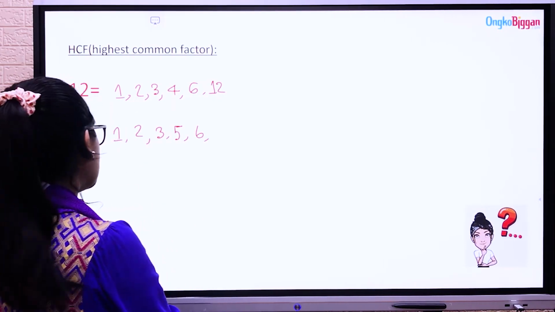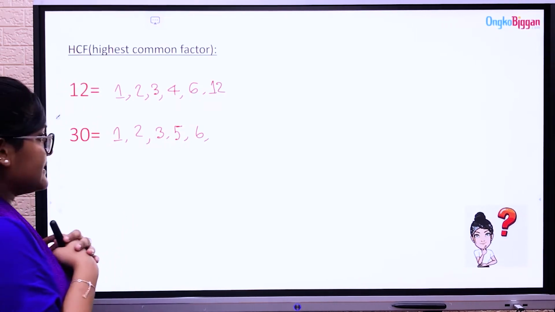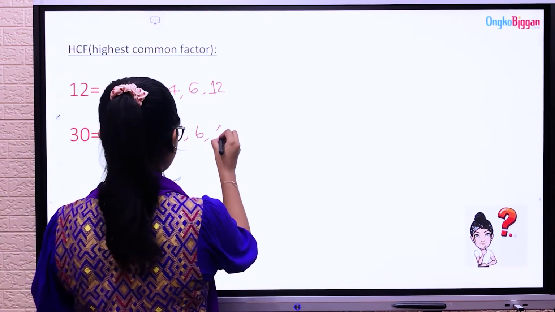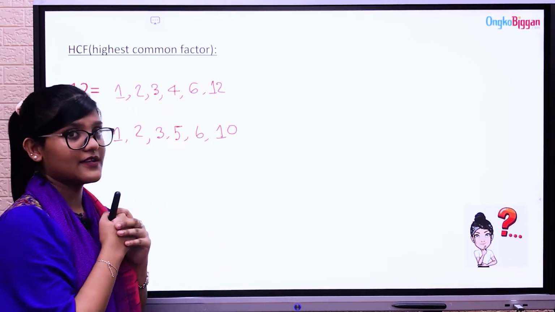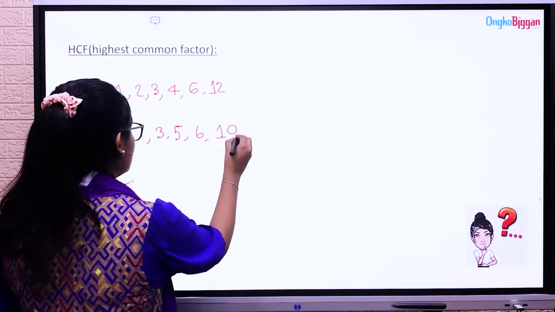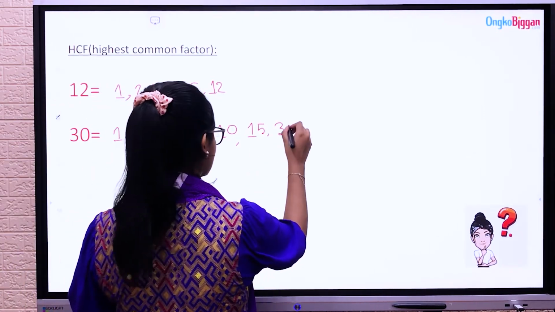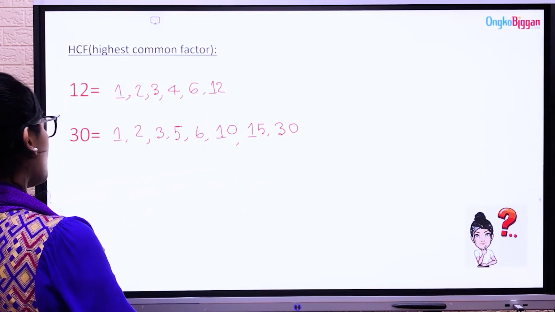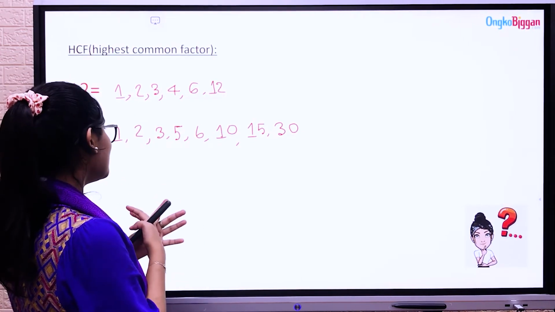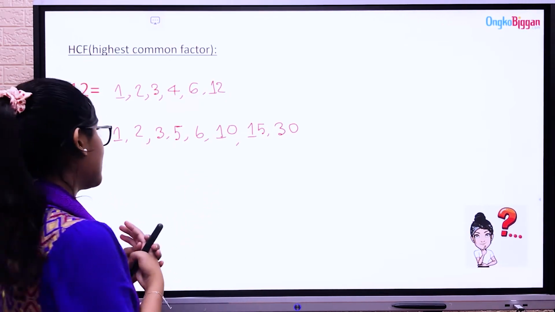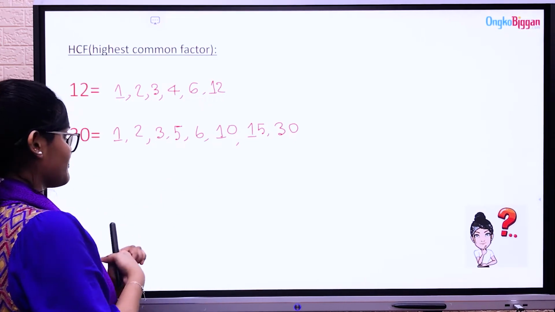Then 7 isn't, we can't divide 30 by 7, and neither 8 nor 9, then we get 10. 10 is a factor of 30, then 15, because 15 twos are 30, and lastly we get 30. So here I have written all the possible factors, be they prime or composite factors, for 12 and 30.